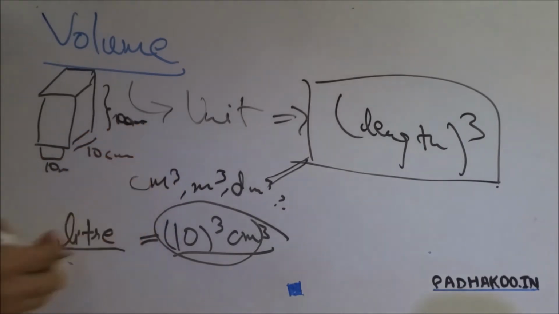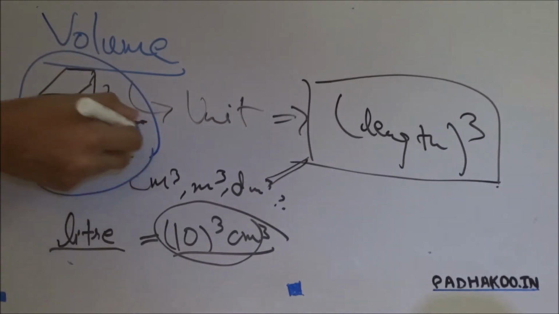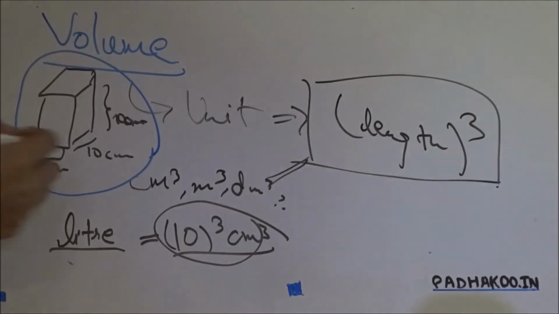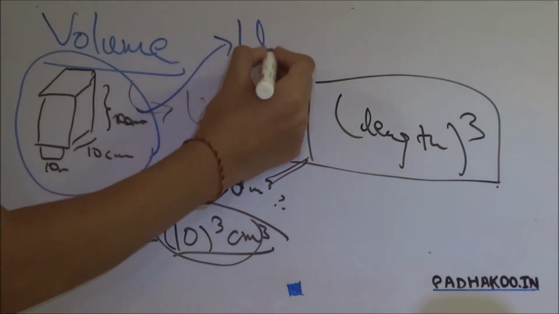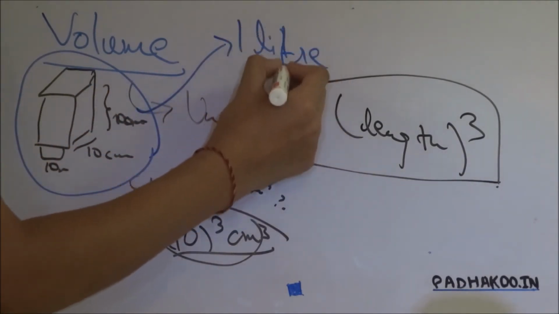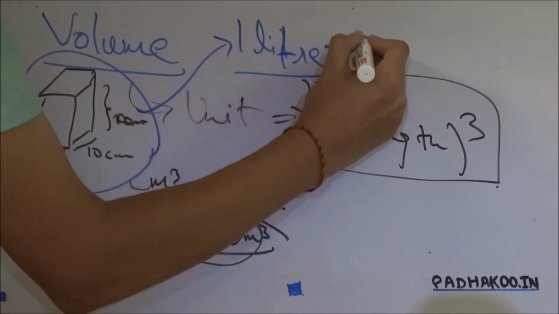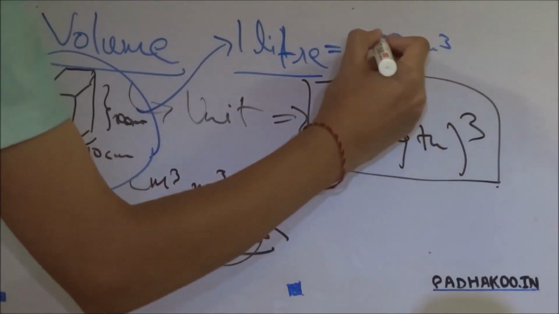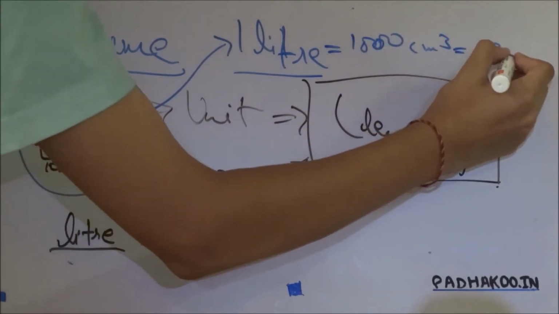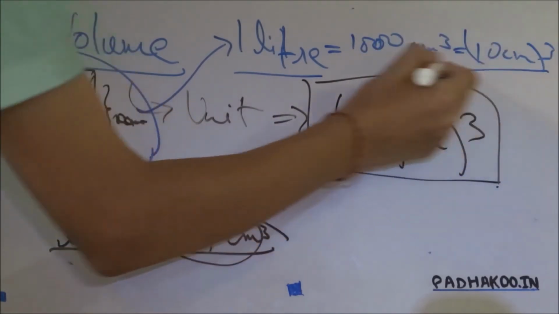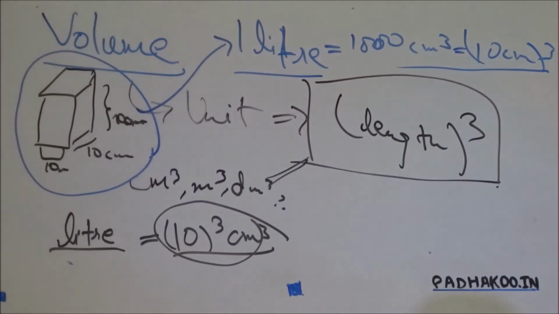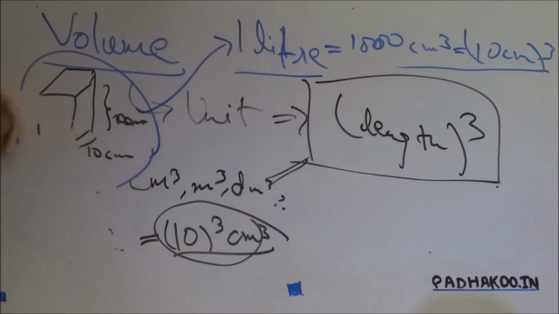This whole box will be occupying a volume of 1 liter. Or you can say 10 times 10 times 10 centimeter cube, or you can even write 10 centimeter whole cube. Things like this are accepted. So 1 liter is 1000 centimeter cube, and the volume is the amount of space occupied by an object.